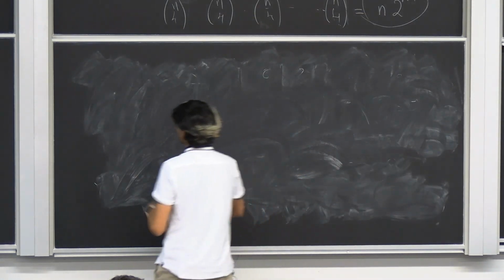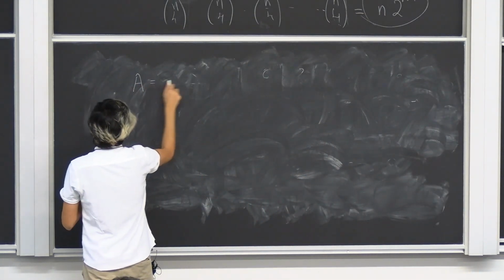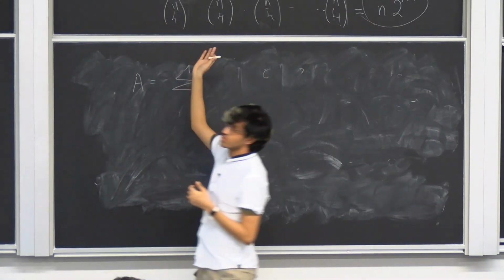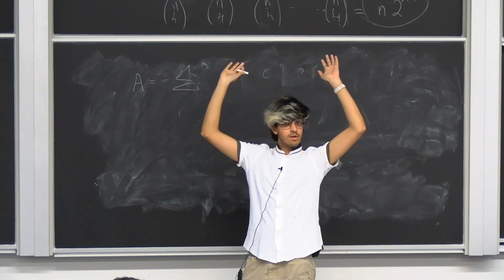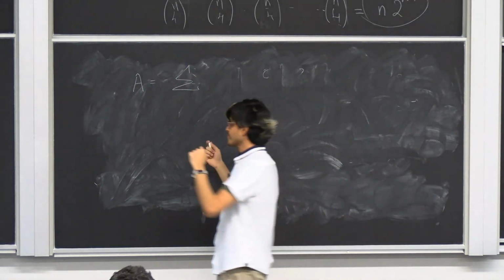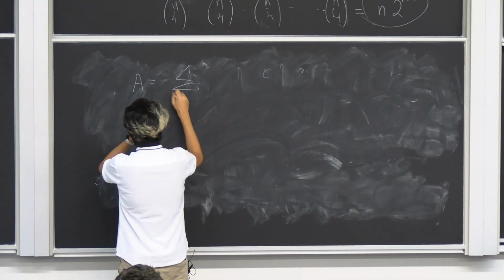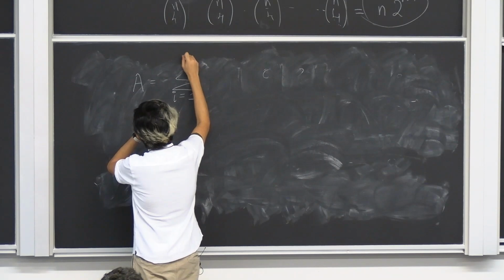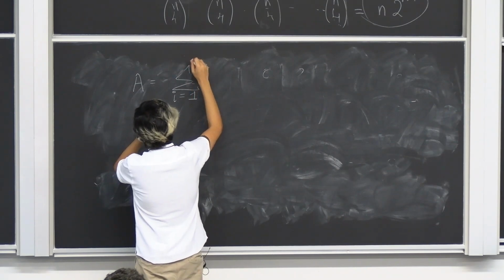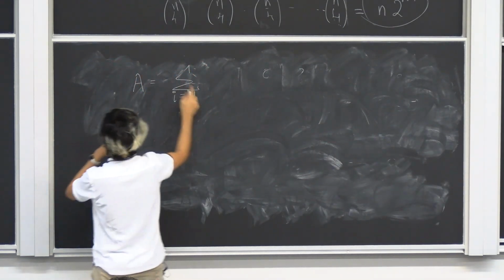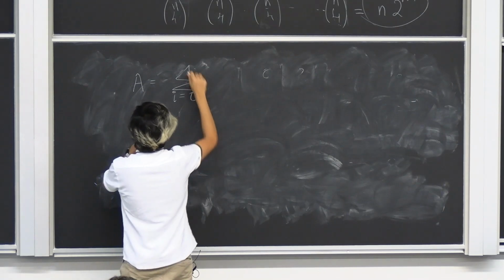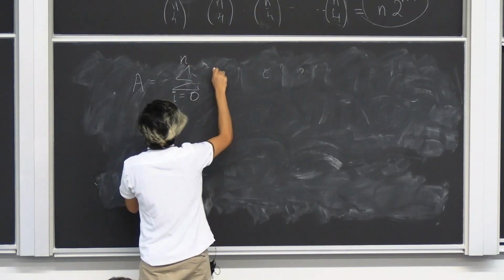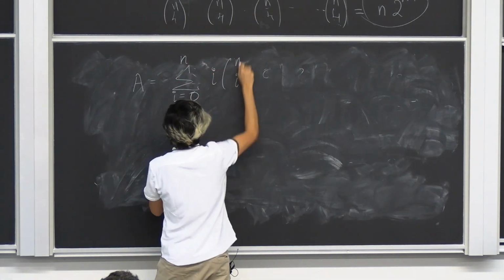To present it, we have to express whatever we said here mathematically. The summation from i equals 0 to n of i times n choose i.